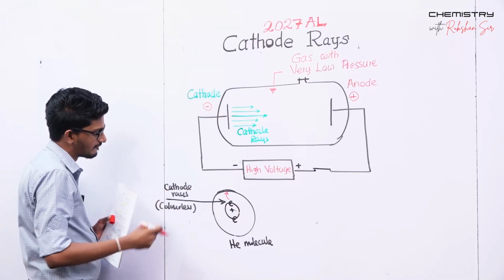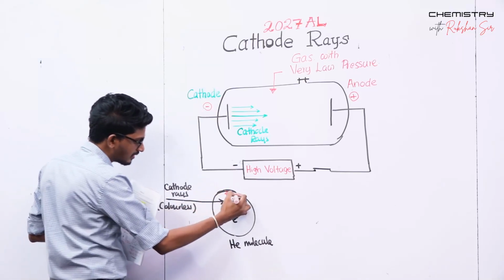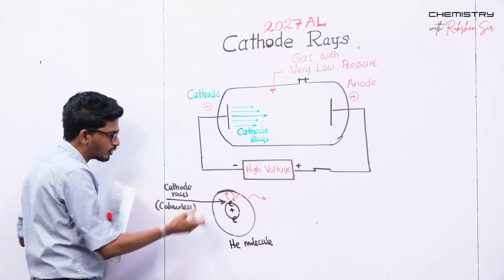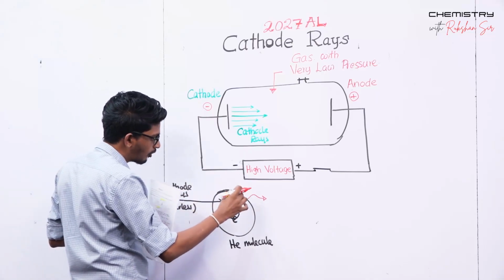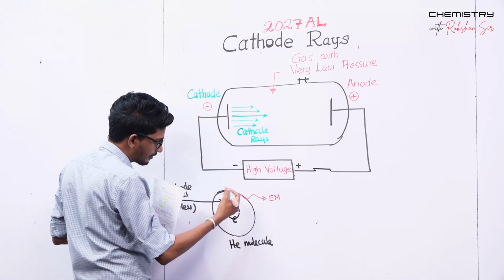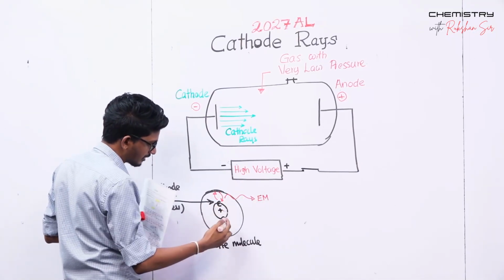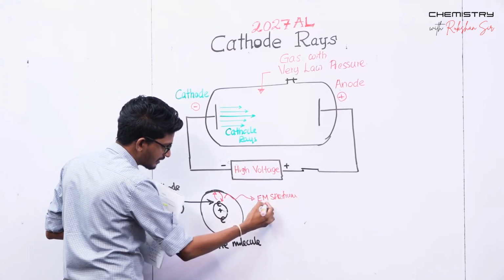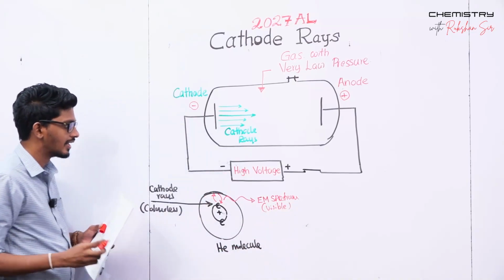With time, when these electrons come back to the lower energy level by releasing the excess energy absorbed, if that energy falls under the visible region of the electromagnetic spectrum, you will see some color appearing.